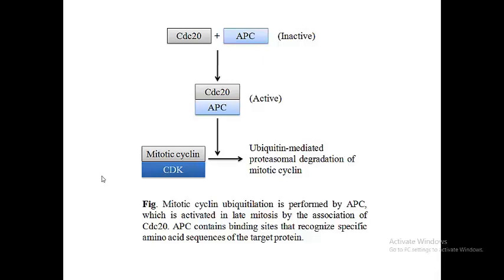That enzyme is inactive, and to make it active, it will be attached to CDC20, and this ligase enzyme detects the amino terminus sequence present in the cyclin and attaches the ubiquitin molecule to the cyclin, followed by the process of ubiquitin mediated proteasomal degradation of mitotic cyclin.